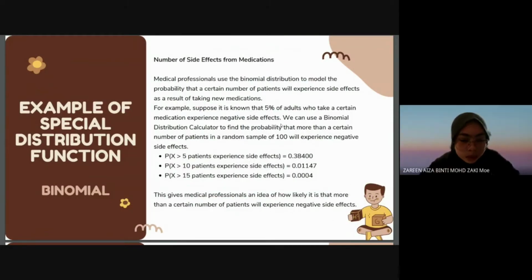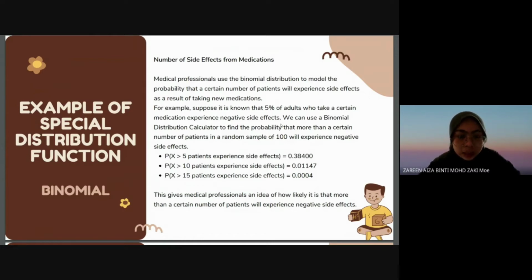Now I will explain an example of binomial spatial distribution function. Medical professionals use the binomial distribution to model the probability that a certain number of patients will experience side effects as a result of taking new medication.